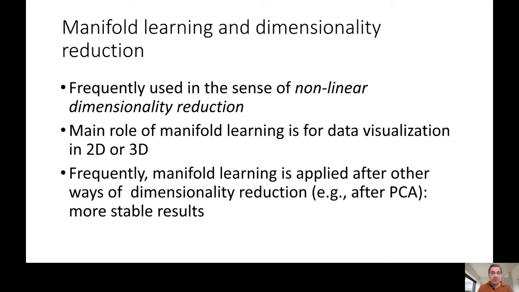Moreover, we talk about manifold learning, but if you type manifold learning in Wikipedia, you will be redirected to a page with the title Nonlinear Dimensionality Reduction. And indeed, frequently, for example, if you go to the scikit-learn standard library, the methods of manifold learning which are implemented there, strictly speaking, don't learn the manifold explicitly.